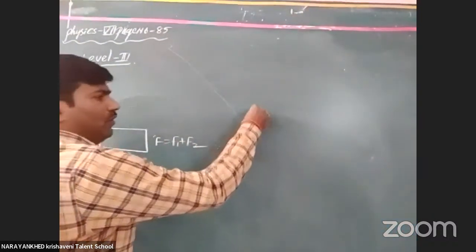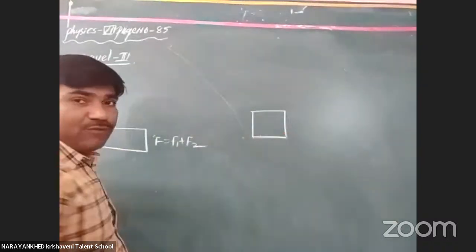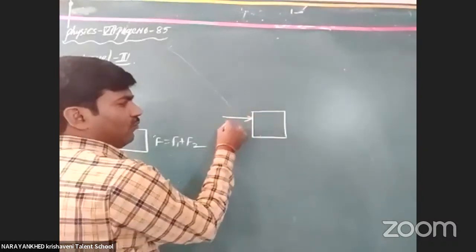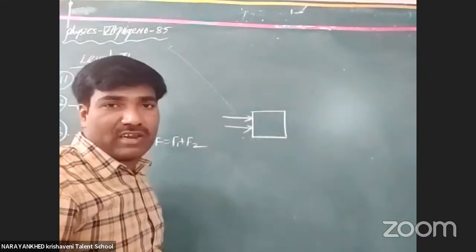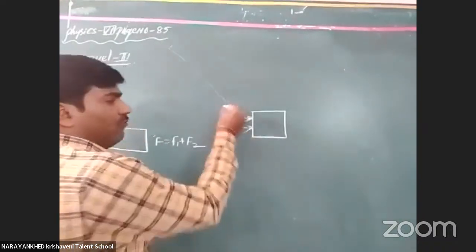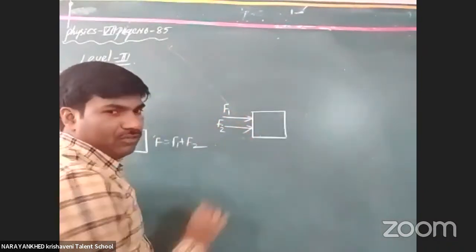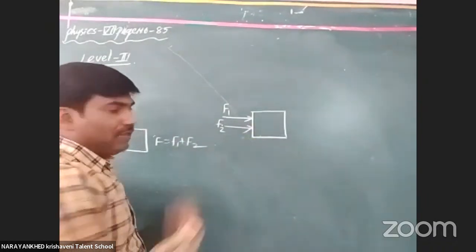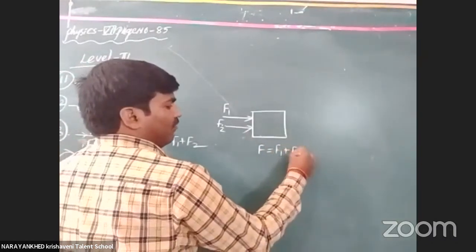The net force acting on the body: when similar forces work in one direction, we take the sum. F1 and F2 are in the same direction, forward forces, so F equals F1 plus F2.